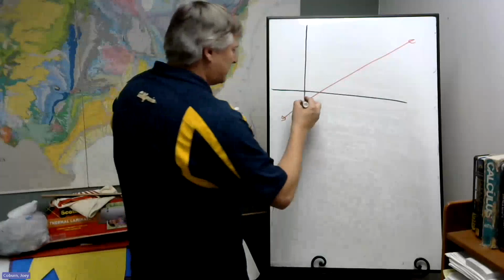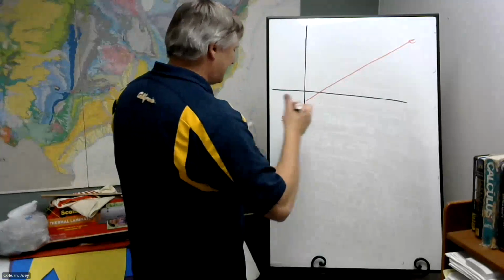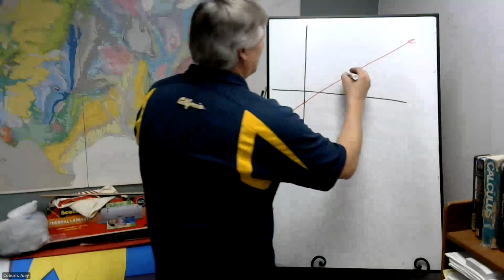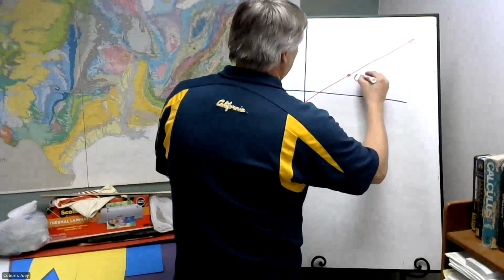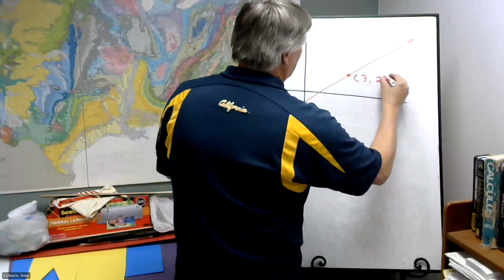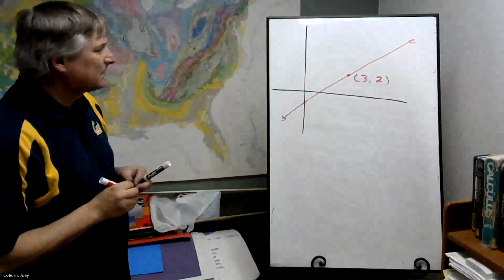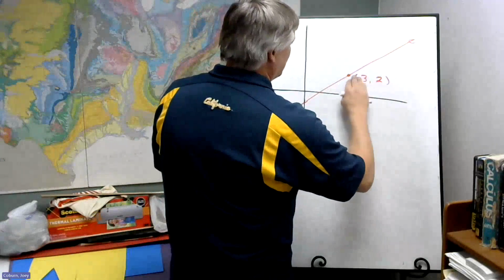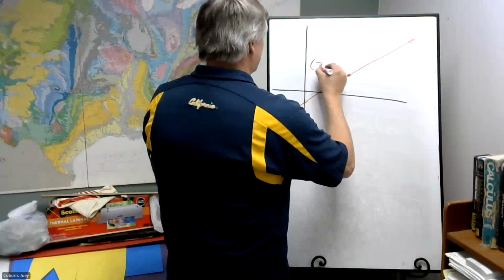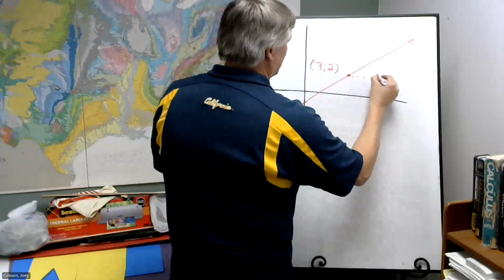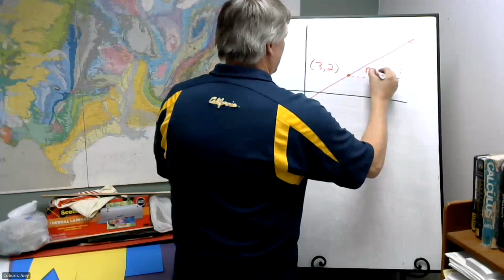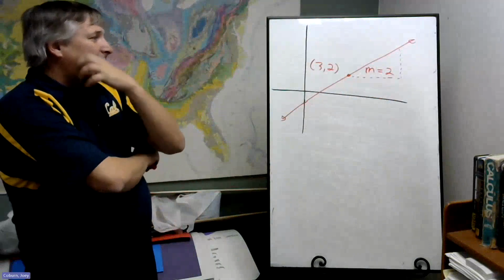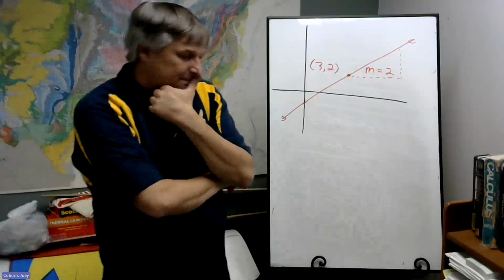It does exist, but let's say we don't know what it is. And instead, let's say we're given the point (3, 2). And we know this has a slope of m equals 2. Can we come up with the formula for this line?